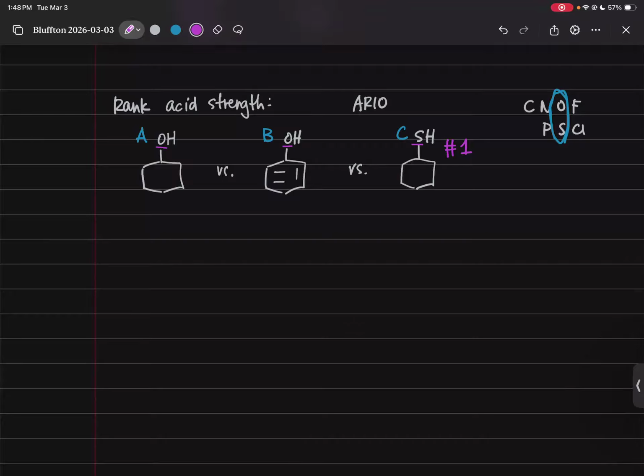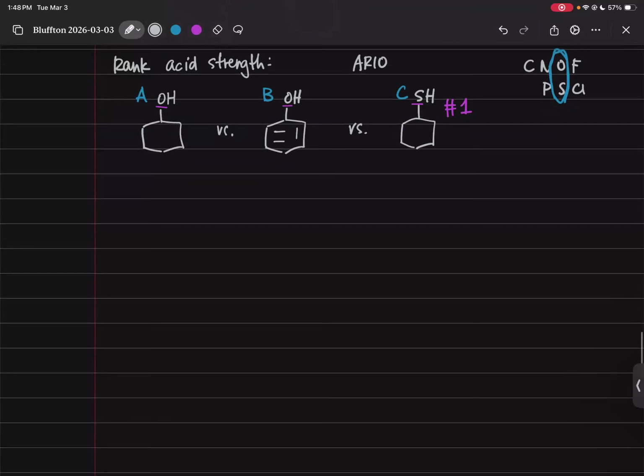Okay, what about A versus B? So we can't use atom. What is our next priority rule? Resonance. So I suppose we should have already done this, but we should draw the conjugate base of each one. For the atom rule, you can kind of get away without drawing the conjugate base.